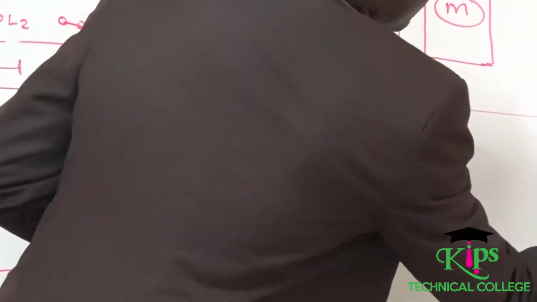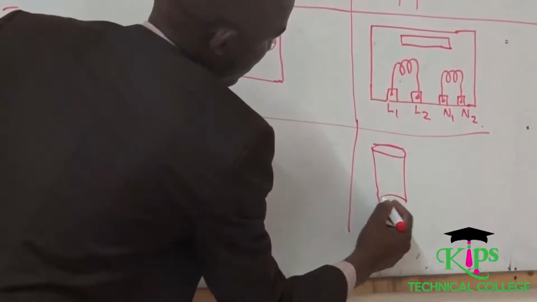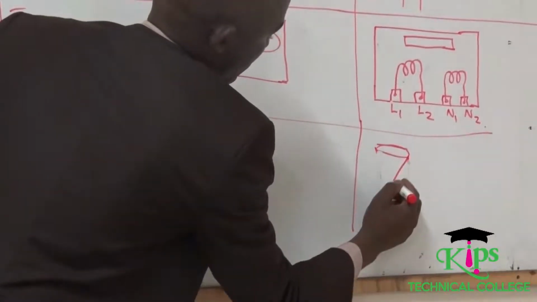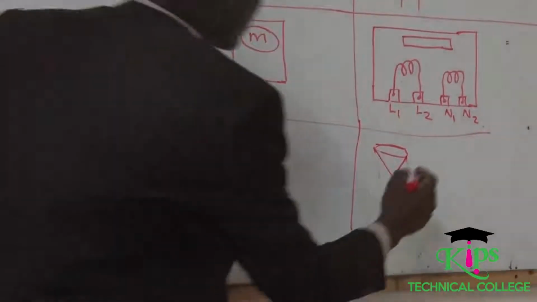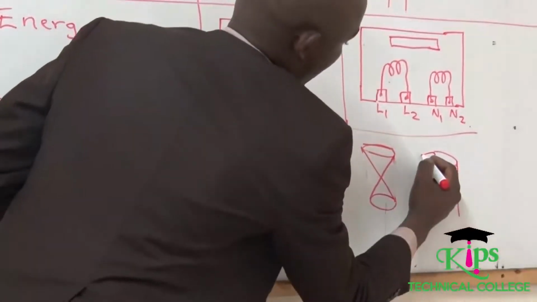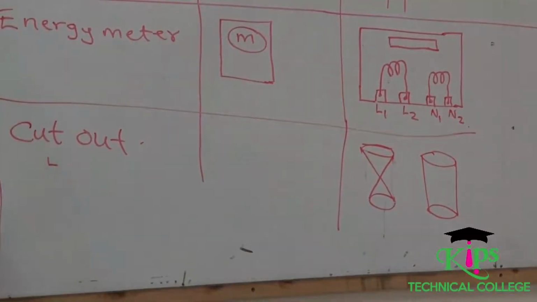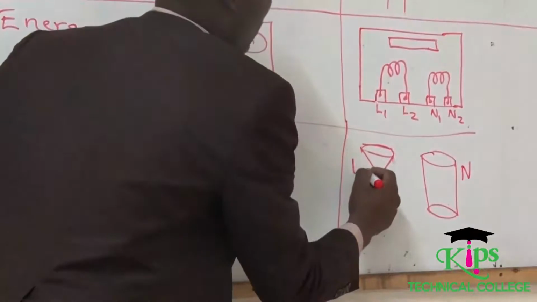The circuit diagram will be drawn in this format. On your right hand side you have a fuse. On your left hand side you can have that neutral link. So this is your neutral and this is the live.